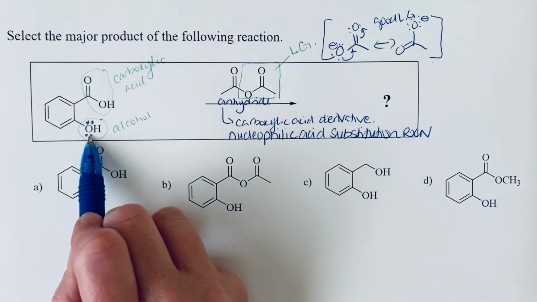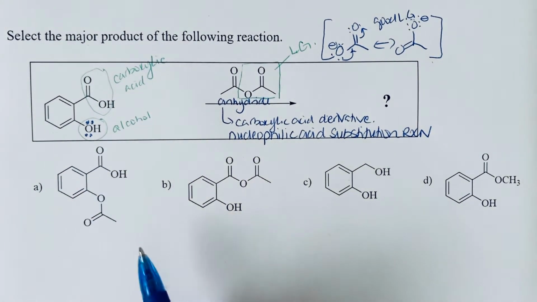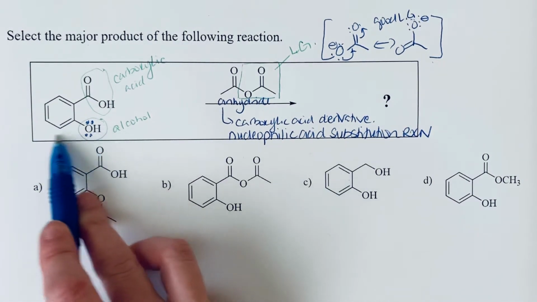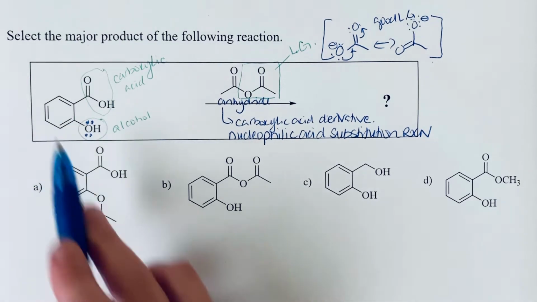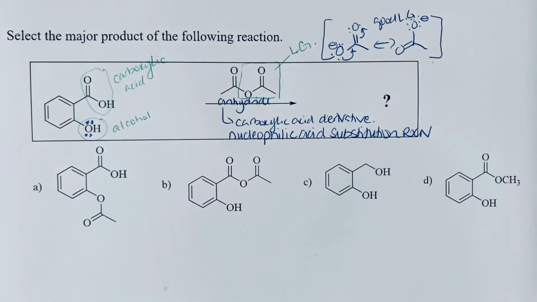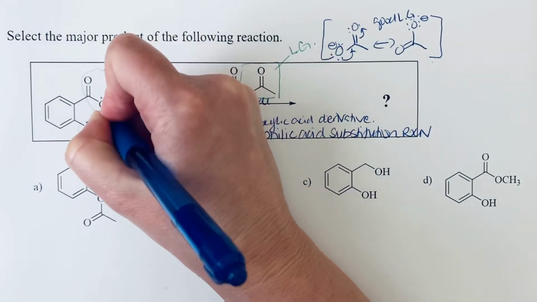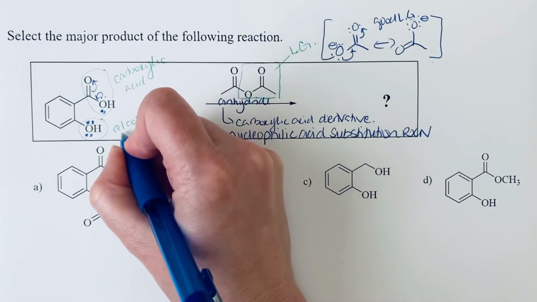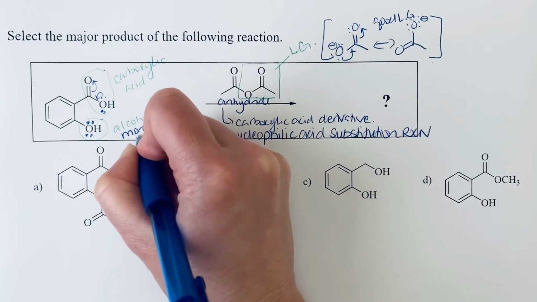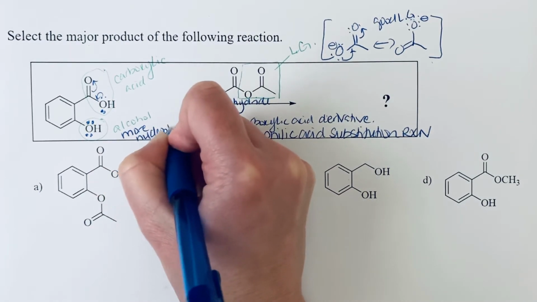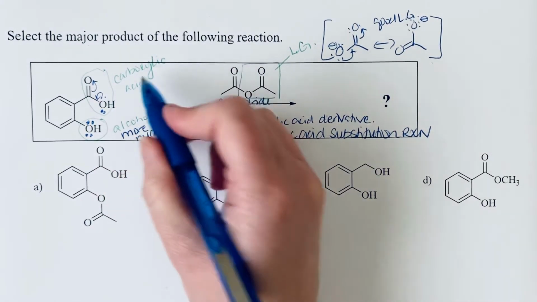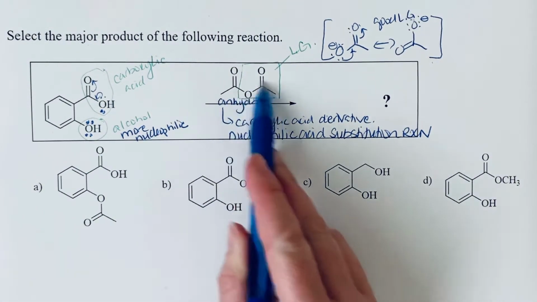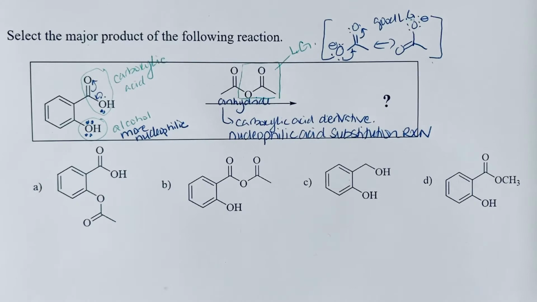These lone pairs of electrons do have resonance with the benzene ring, but those aren't going to be high contributors to the resonance hybrid because you'd be putting a negative charge onto carbon, and carbon's not very electronegative. Versus here on your carboxylic acid, you do have more resonance. So your alcohol is more nucleophilic than your carboxylic acid. So this is likely to be the nucleophile that is going to replace that anhydride group.